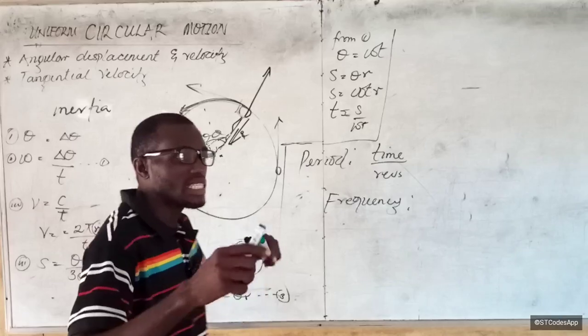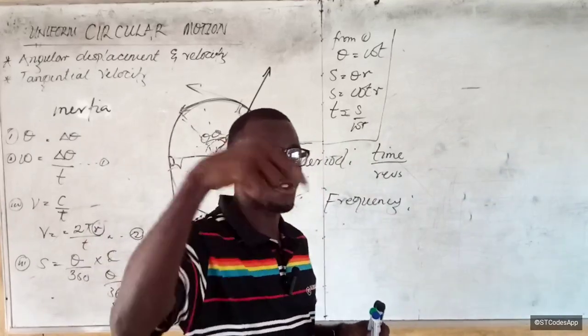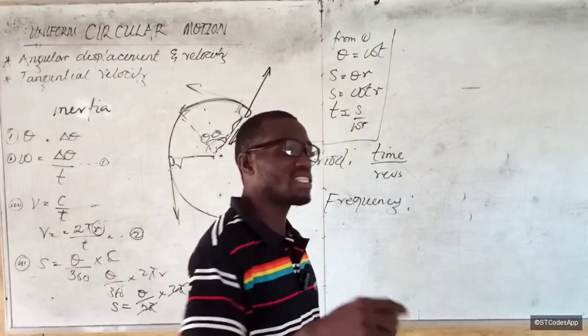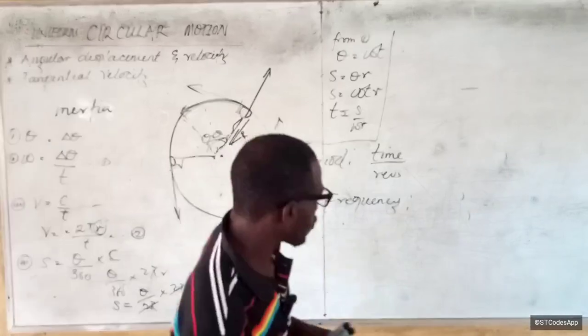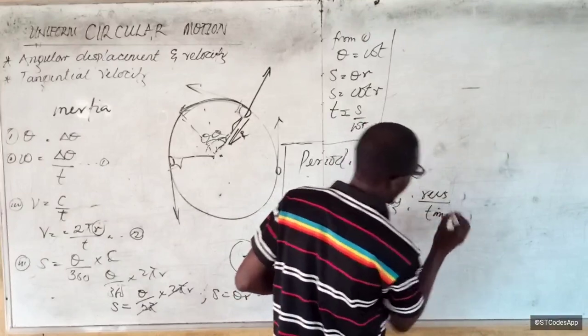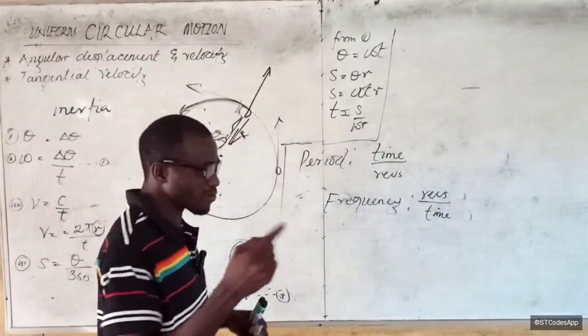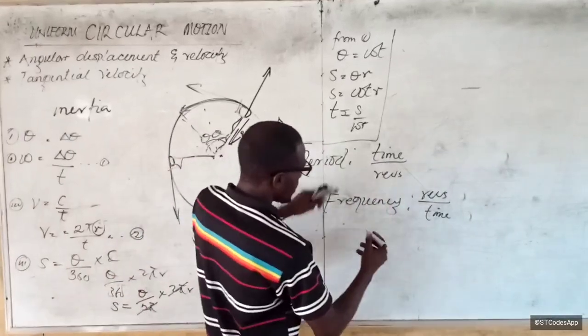The amount of revolution per time is going to be the frequency. It means the frequency is the rate at which revolution is covered. How that is clear? So it's the number of revolutions that it can cover per time. Do you understand? So that's revolution per time.